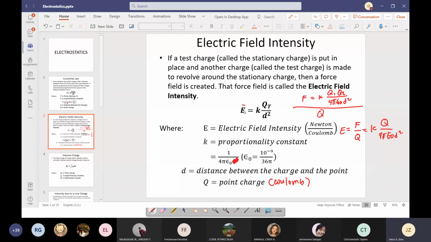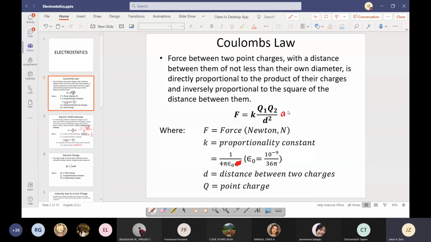Now, since it is a vector quantity, it has magnitude. I forgot to add here the direction, a_R. This one also has a_R here. a_R is basically direction. So how are we going to get the direction?